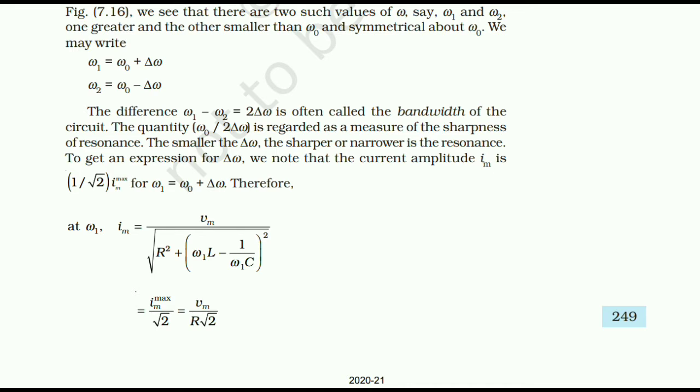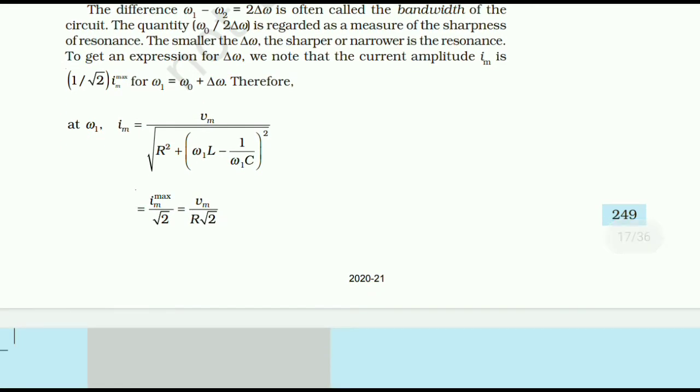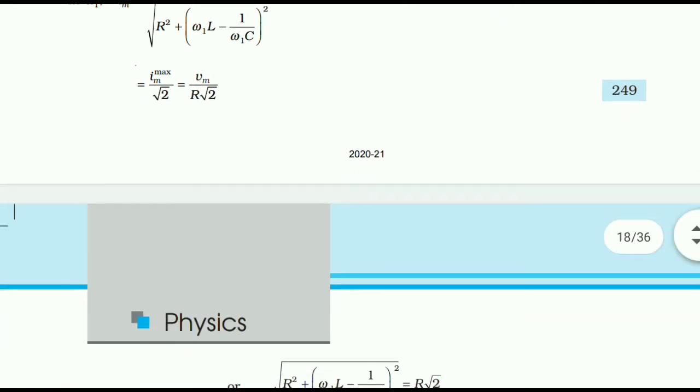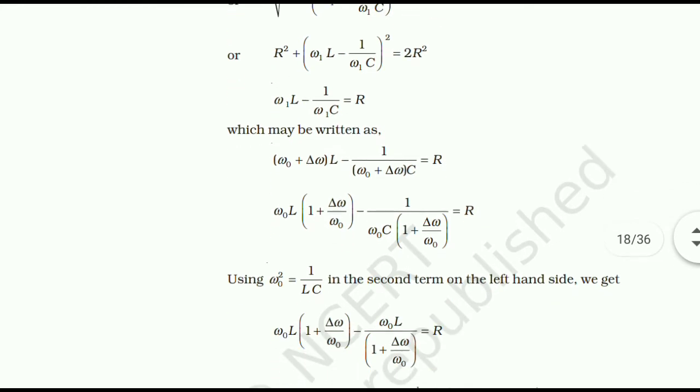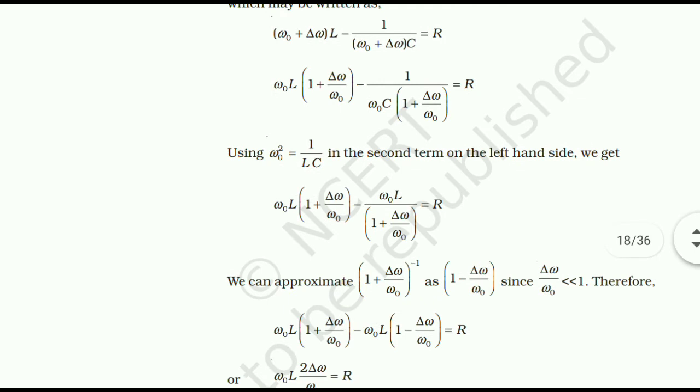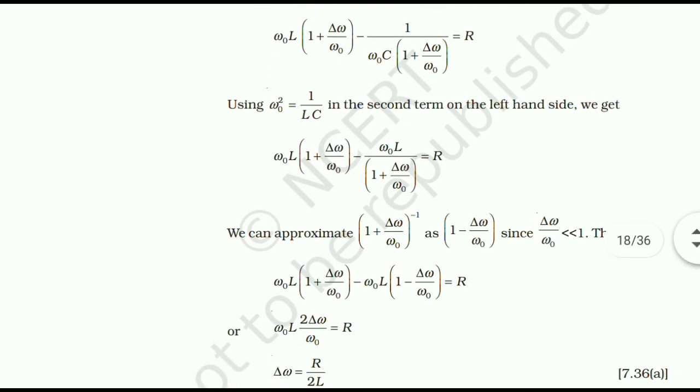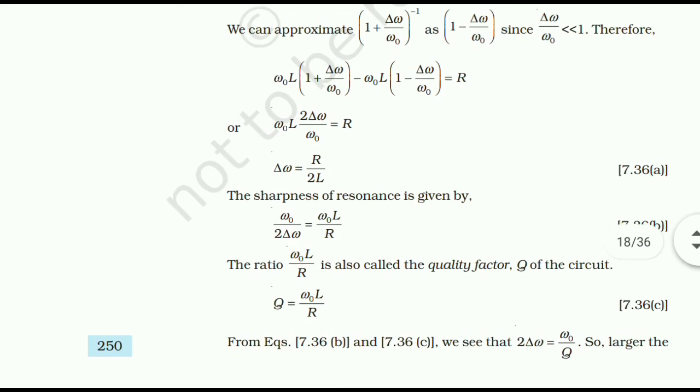Therefore, at omega 1, Im is equal to Vm upon under root R square plus (omega 1 L minus 1 upon omega 1 C) whole square, which is equal to Im max upon root 2, which is equal to Vm upon R root 2, which may also be written as (omega naught plus delta omega) L minus 1 upon (omega naught plus delta omega) C equal to R. Using omega naught square equal to 1 upon LC in the second term on the left hand side, we get that delta omega is equal to R upon 2L.